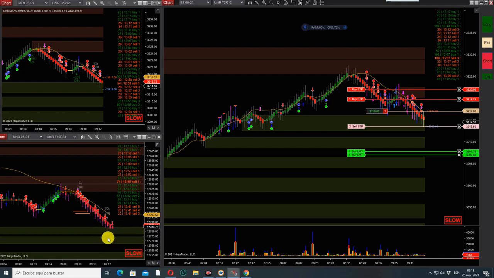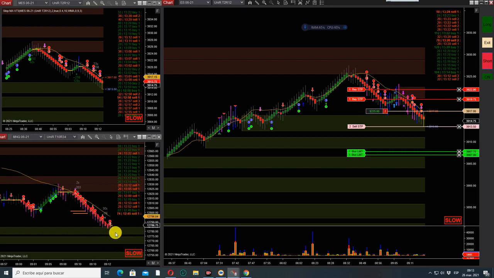Okay, Nasdaq doesn't want to break this low. No, not yet, guys. Order cancelled. Market is still stalled here. We see lots of buying in this short area.